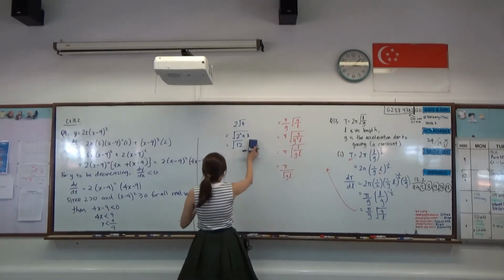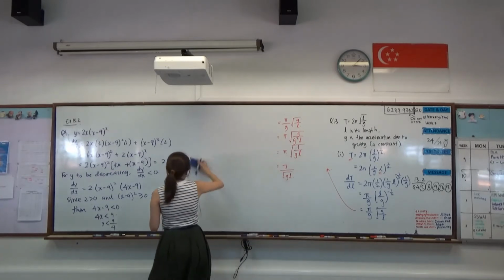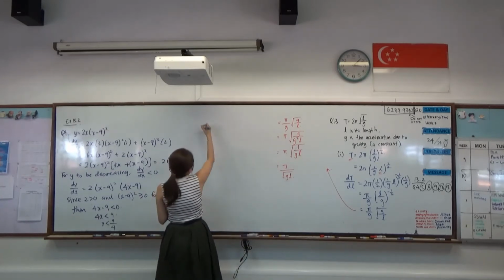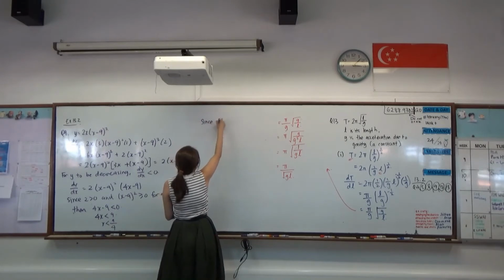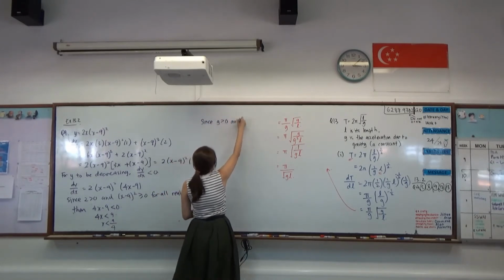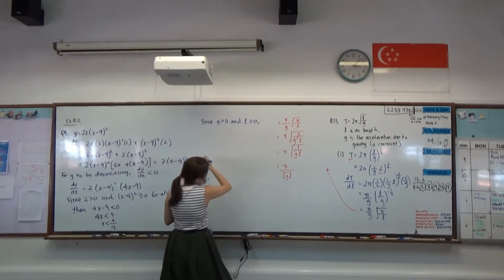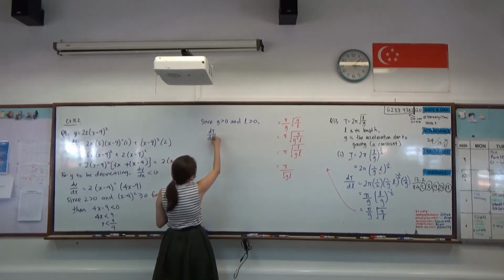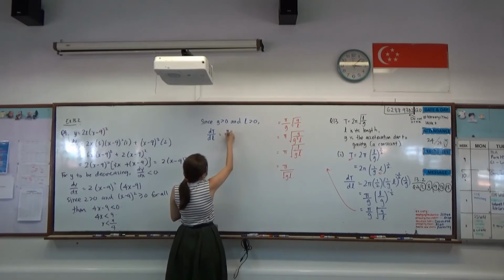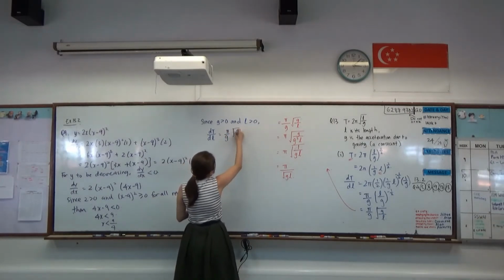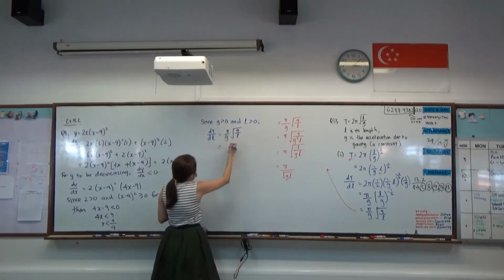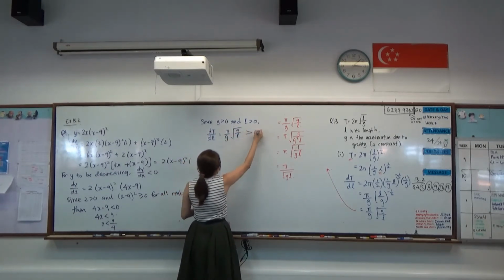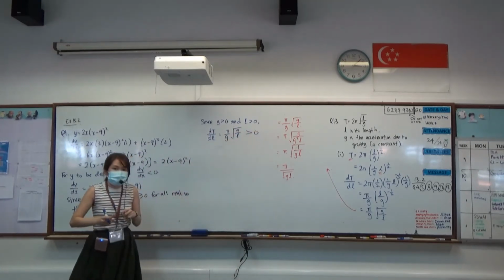Let me write that down. Since g is more than 0 and L is more than 0, dT over dL, whichever form you choose to have, you will be able to deduce that dT over dL is more than 0.